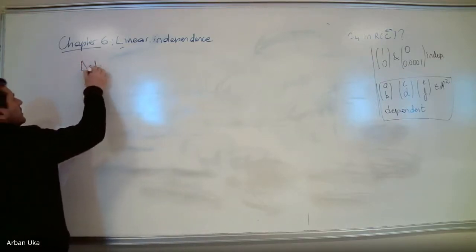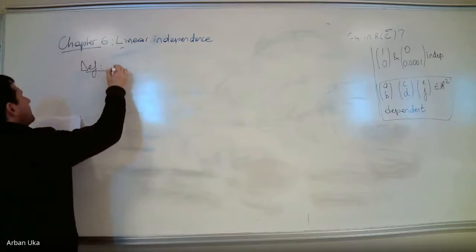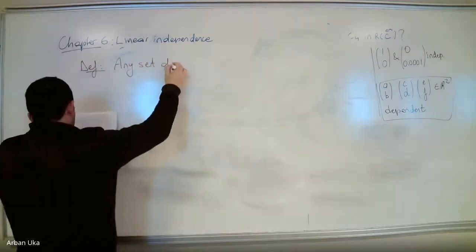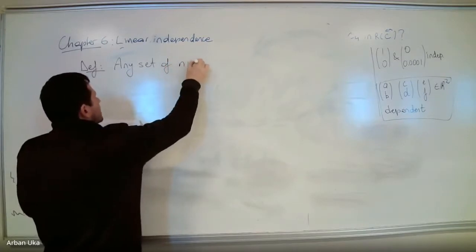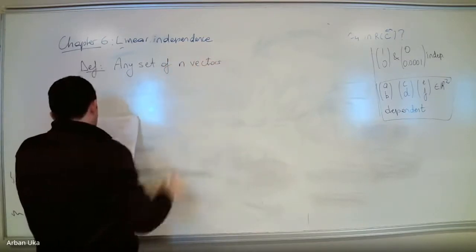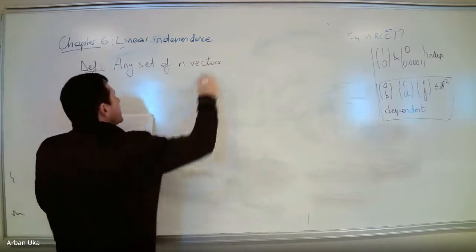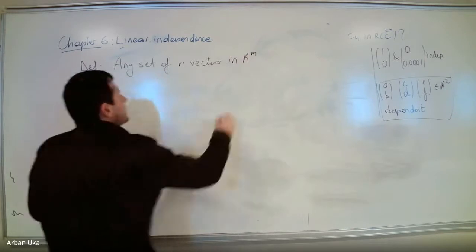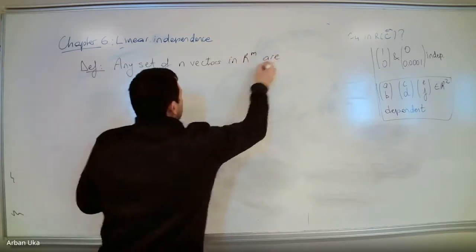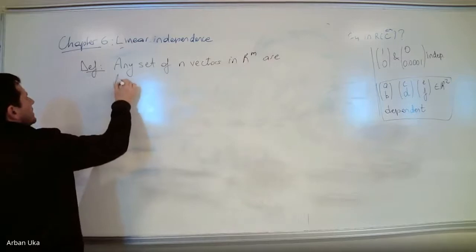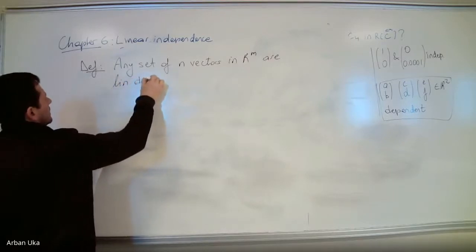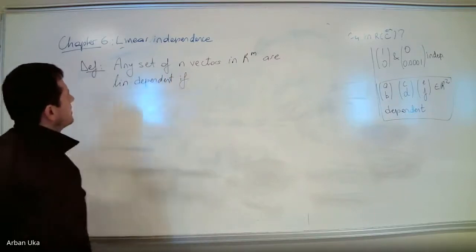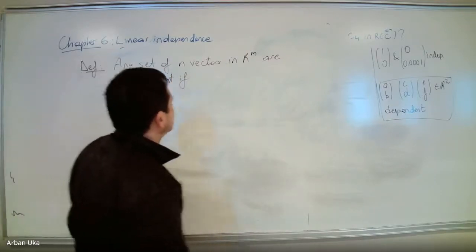In this other definition, we can say that any set of n vectors in Rn are linearly dependent if what? When do they have to be linearly dependent?